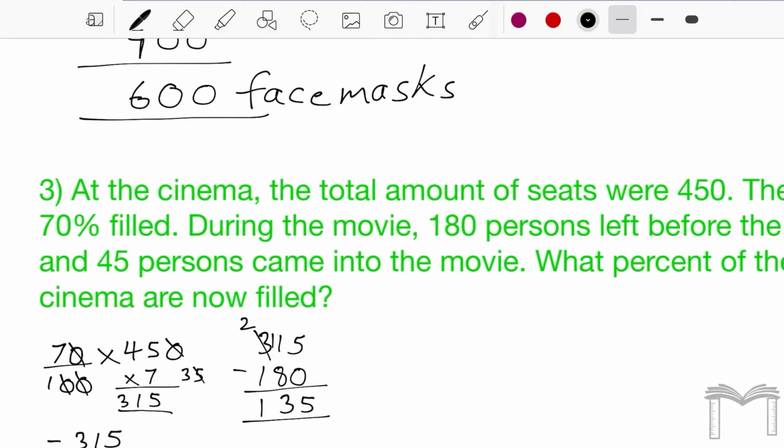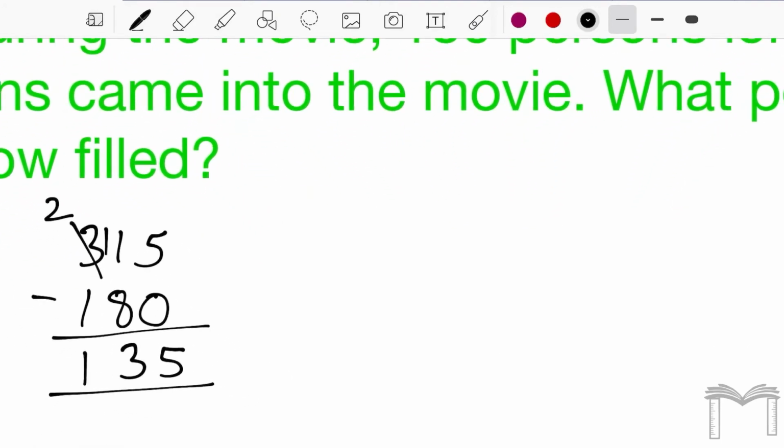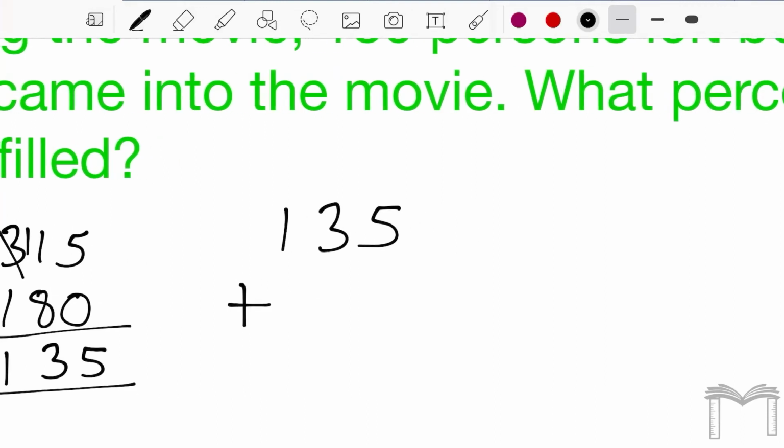And they told us that 45 persons came into the movie. So we must add 135 plus 45.